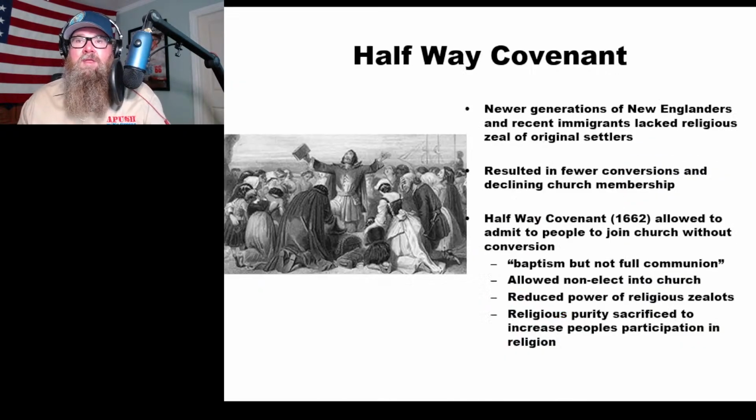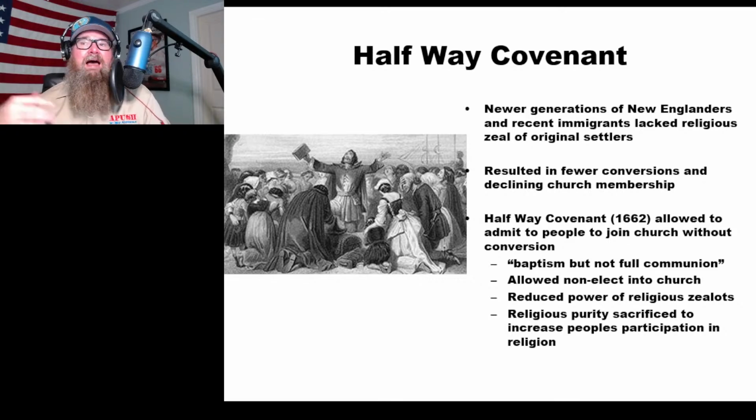So then we get the halfway covenant, okay? So remember at the beginning, the Puritans are coming in, the New Englanders, their religious zeal is because they want a more pure religious upbringing. They don't like the way that the Anglican Church was being run, but then they started losing people because they were so strict, and people were like, "You guys are no fun," and so they came up with this thing called the halfway covenant.